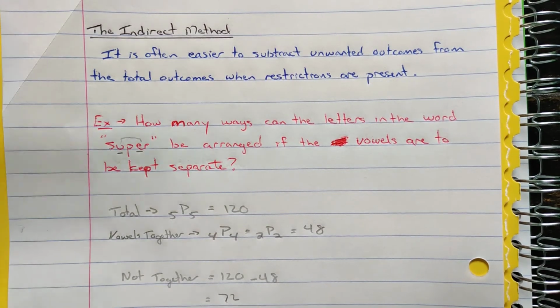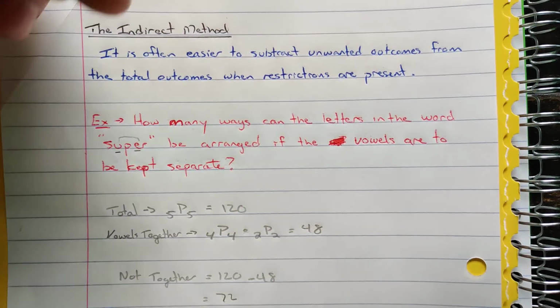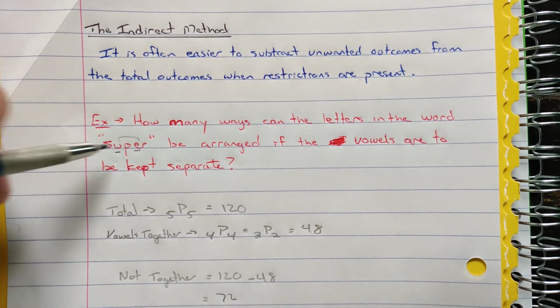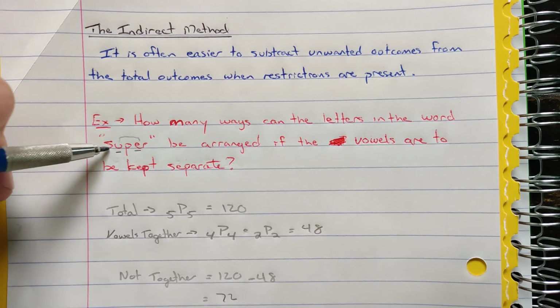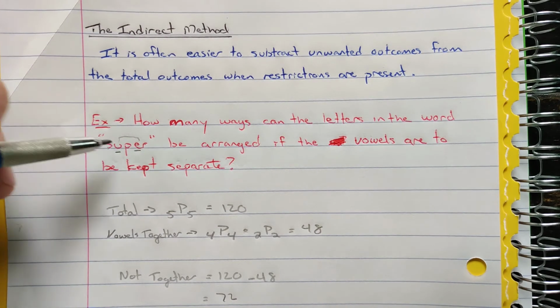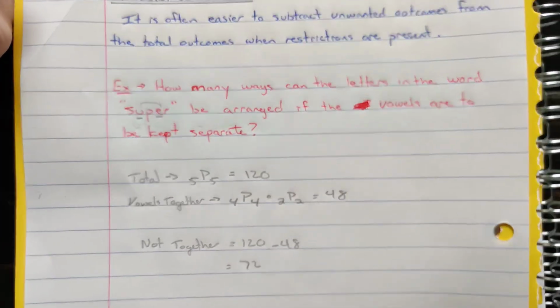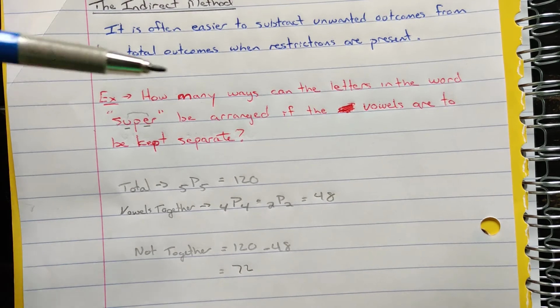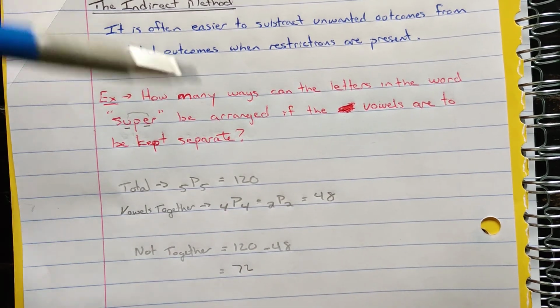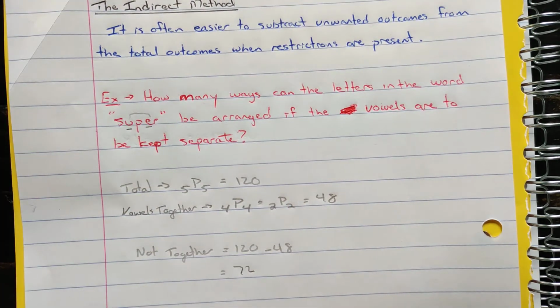So again, instead of trying to figure out every case where, okay, what if the U's first, or what if a vowel's first, and then you have to space them out, there's the cases that add up. Here, we were able to easily treat them as one thing. So if we treat them together, how many ways can we keep them together? Subtract that from the total number of ways, and we're able to find out the ways they're not together.